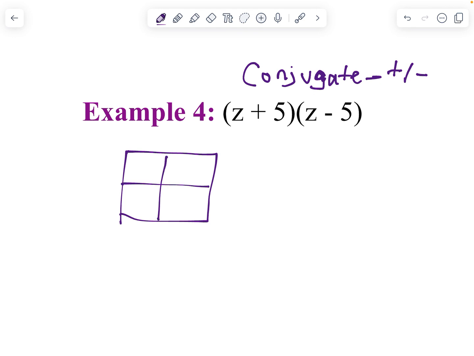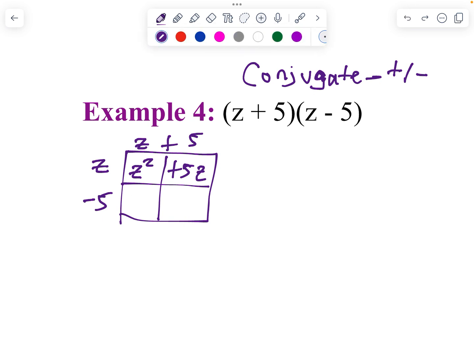If I have z plus 5 times z minus 5, I'll get z squared plus 5z, not z squared, negative 5z, sorry about that. Wasn't thinking, looking ahead to the answer. So negative 5z and positive 25.